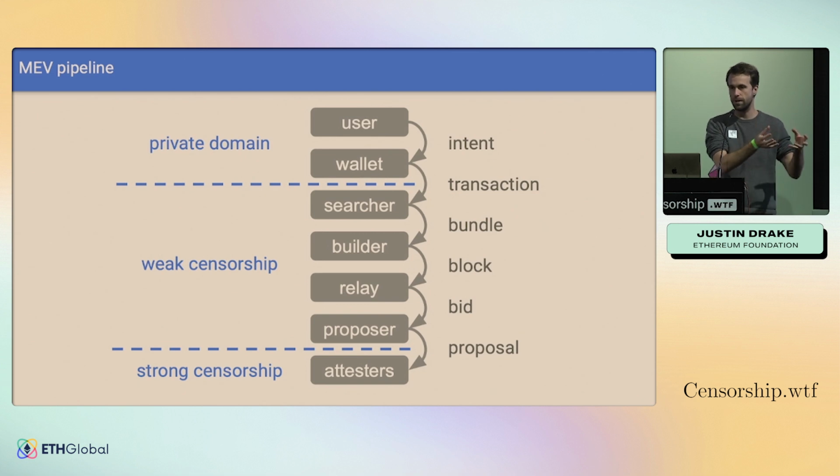The user and the wallet is kind of stuff happening off-chain, and so there's not much we can do. It's in the private domain. And then at the very bottom, you have strong censorship, which originates from attesters, right? If you have a 51% attack, it's the validators, the attesters, that are doing this attack and leading to strong censorship. And so the weak censorship is the stuff in between, from searcher to proposer.